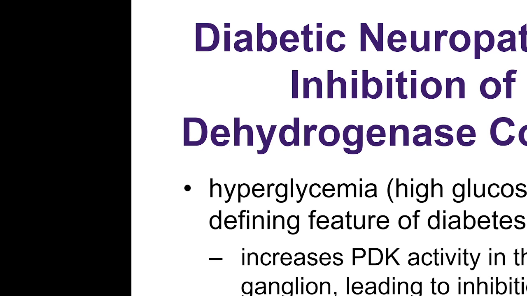So hyperglycemia, this is high glucose concentration. This is the defining feature of diabetes. It increases the PDK activity in the cells of the dorsal root ganglion. It's going to lead to inhibition of the pyruvate dehydrogenase complex. The inhibition of the complex leads to the pyruvate being processed to lactate.